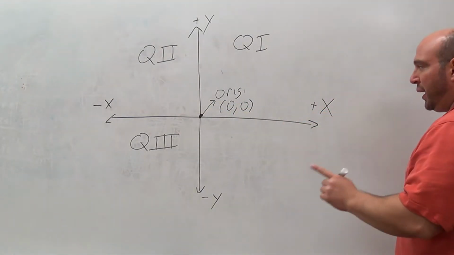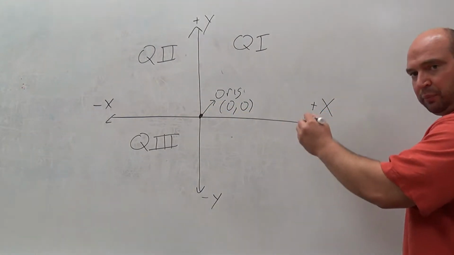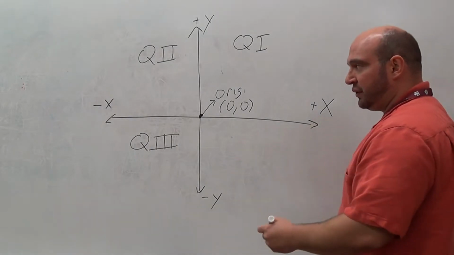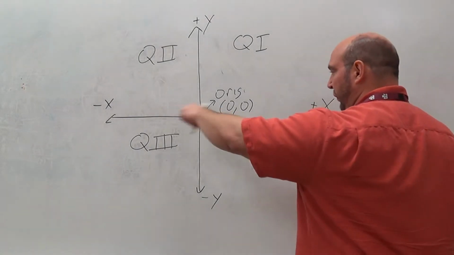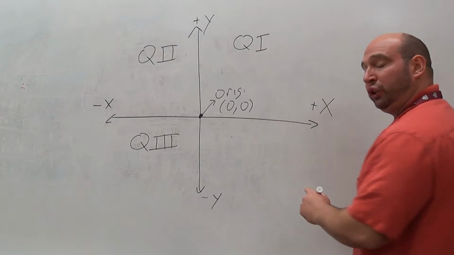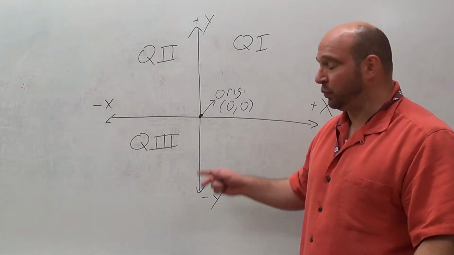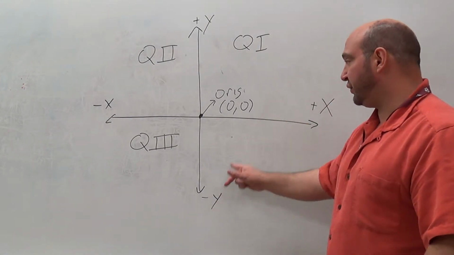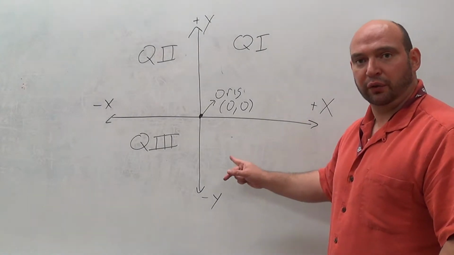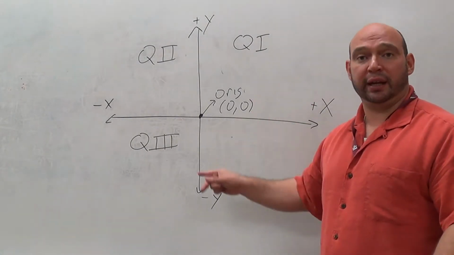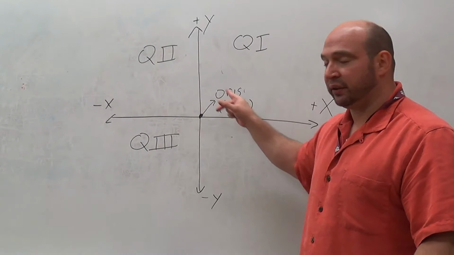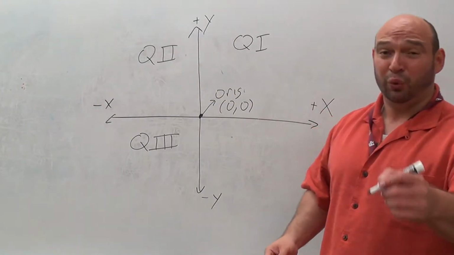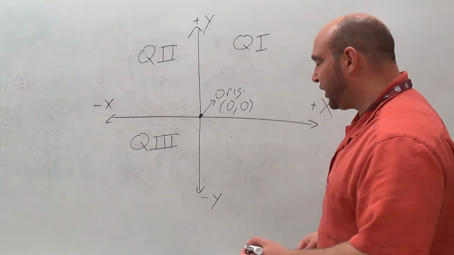What I want you to recognize is that my x is being counted, but my y's are still at 0 all along this. And later on we're going to talk about our intercepts. If something crosses the x-axis, we're going to call it an x-intercept. If it crosses the y-axis, it's going to be called a y-intercept. We'll get to that a little later, but it's coming.